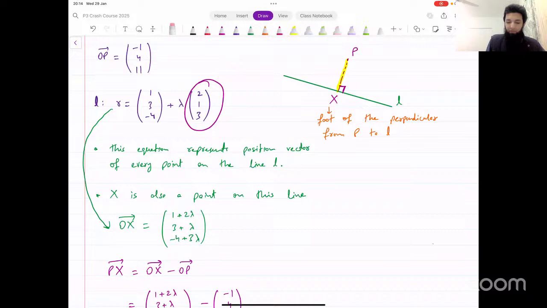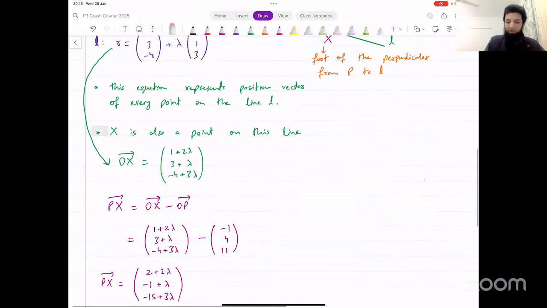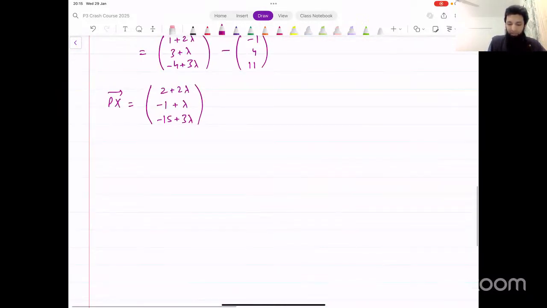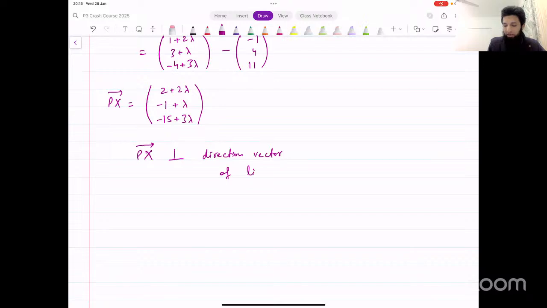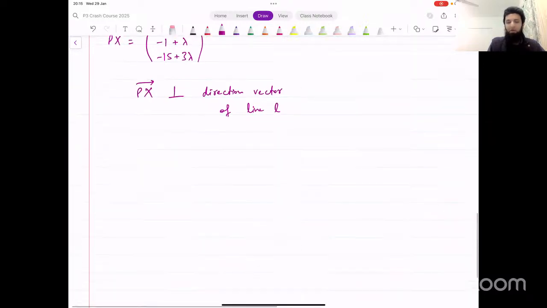So what we do now is, in order to find the value of lambda, we say, since the vector Px is perpendicular to the line L, the vector Px should be perpendicular to the direction vector of line L. Now, if these two are perpendicular, what does that mean? If two vectors are perpendicular, their dot product must be 0.